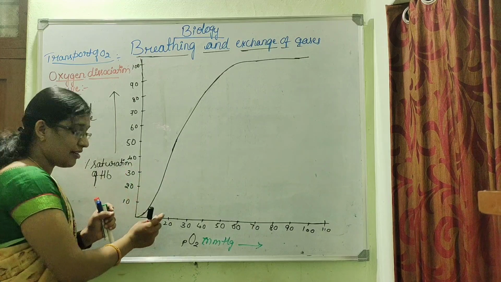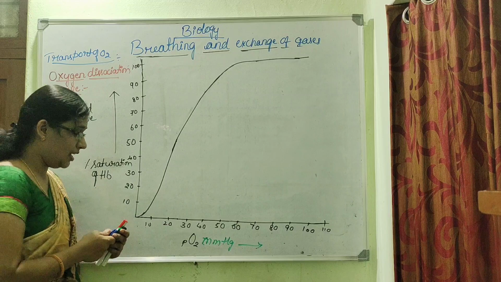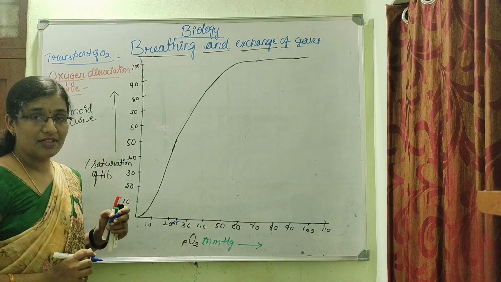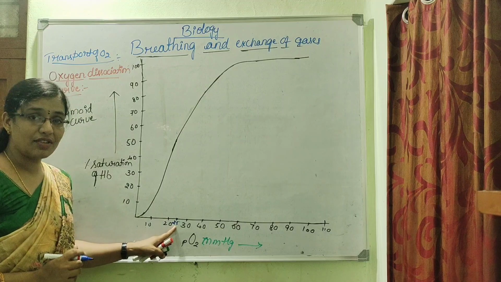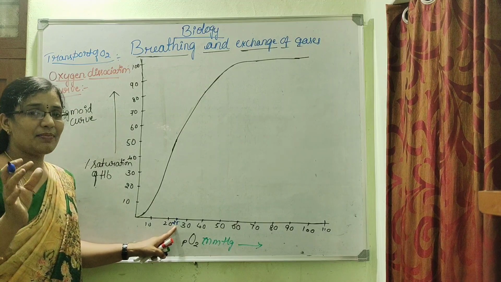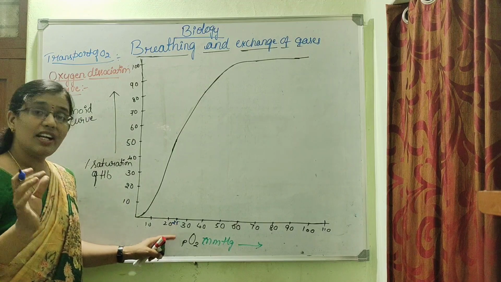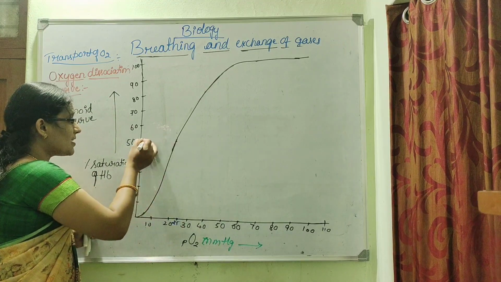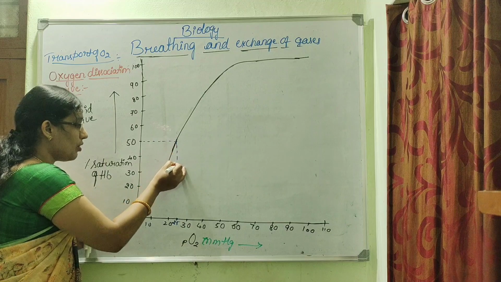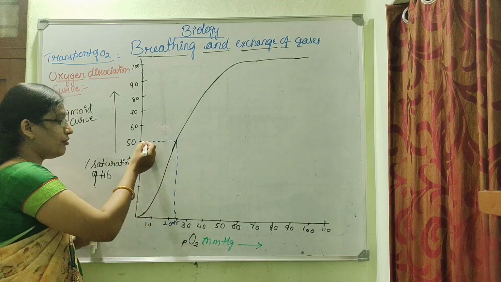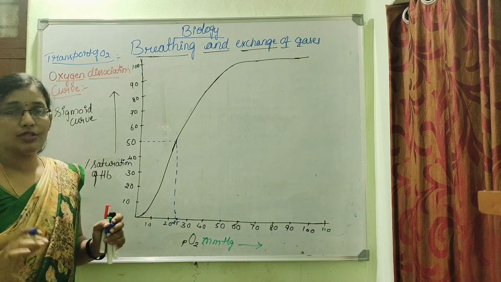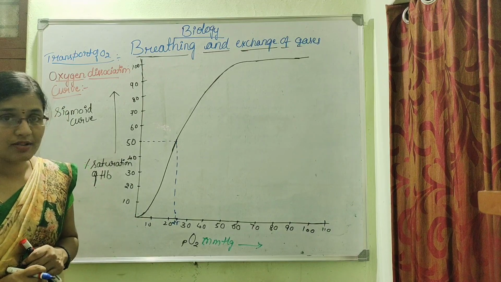So, for example, when the partial pressure of oxygen is about 25 mmHg, about 50% of hemoglobin molecules have been bound to the oxygen molecules.